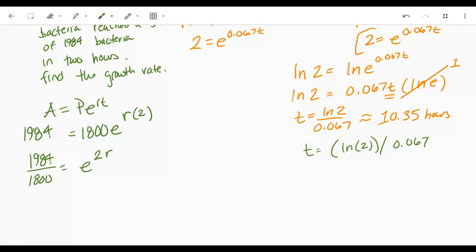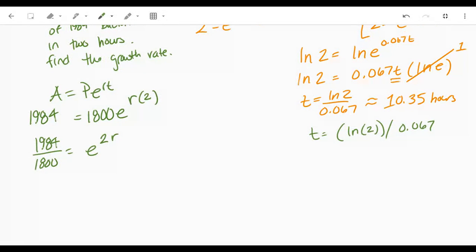Okay, we're going to take the natural log on both sides here. So natural log of 1984 over 1,800, and again, just leave it, is going to be 2r times the natural log of e, which is 1. Okay, so r would be the natural log of 1984 over 1,800.